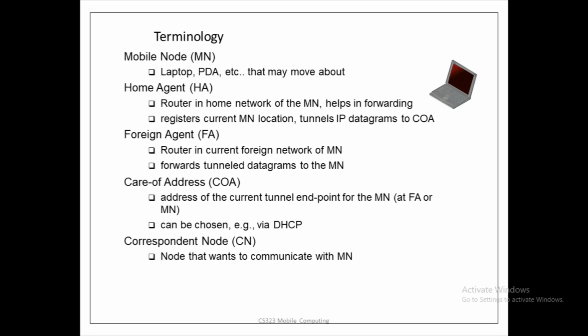It is a router in the current foreign network of the mobile node that forwards the tunneled datagrams to the mobile node. Next is the care of address, in short COA. That defines the current location of the mobile node from an IP point of view.